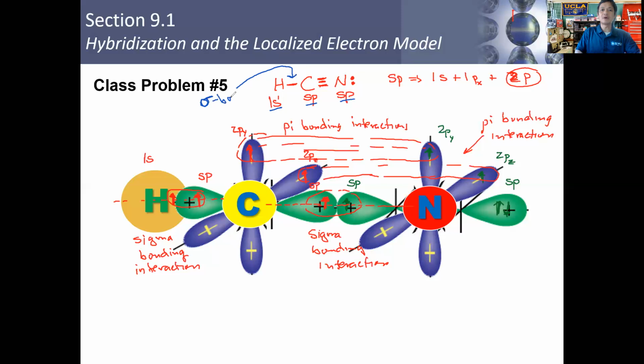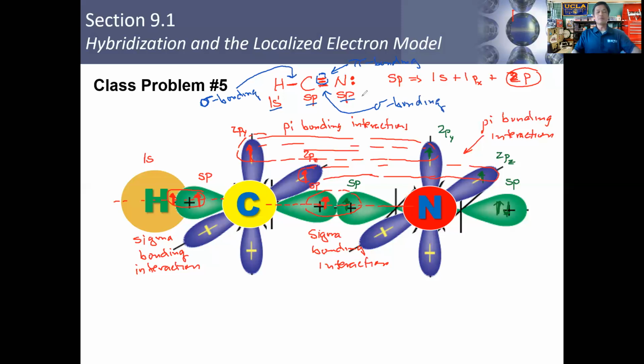So this is a sigma bonding interaction, and that's what you have to be able to do. And with this triple bond, it doesn't matter which two, you have to be able to identify that two of these will be pi bonding interactions, and then one of these will be sigma bonding.